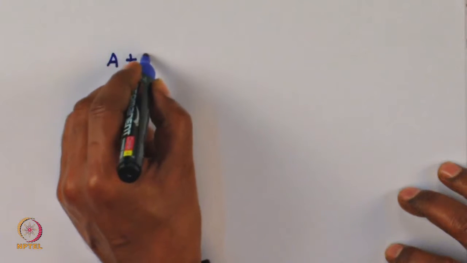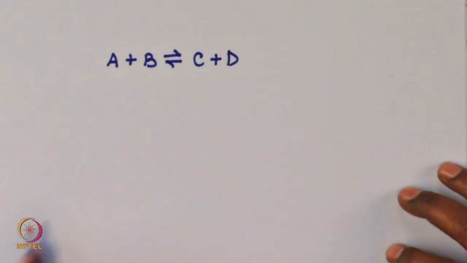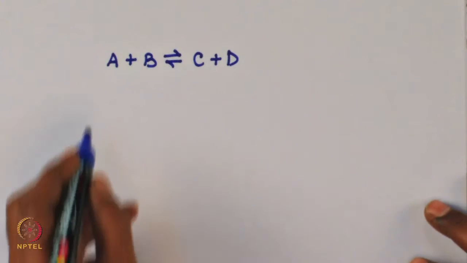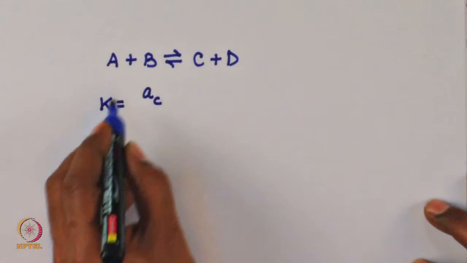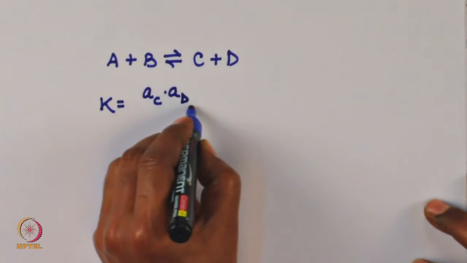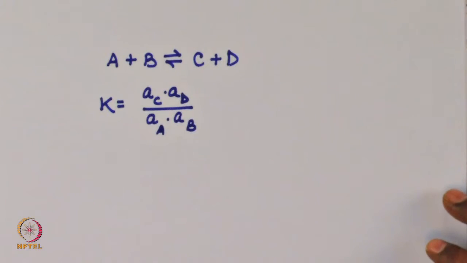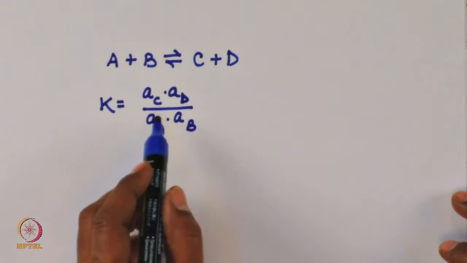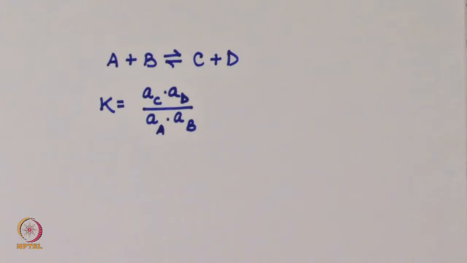Let us take an example of a reaction of the type A plus B is in equilibrium with C plus D. The thermodynamic equilibrium constant has to be in terms of activities: activity of C into activity of D over activity of A into activity of B. Now, in the laboratory, we do not directly determine activities.